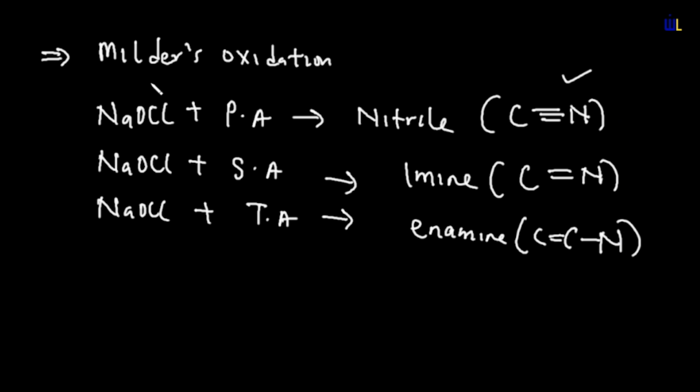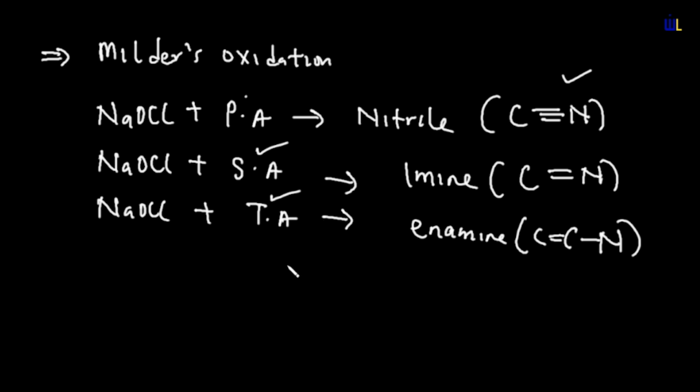Nitrile is produced by Milder's oxidation with primary amines. Your imine is produced with Milder's oxidation with secondary amines, and enamines are produced with Milder's oxidation in tertiary amines. This is very important to note.